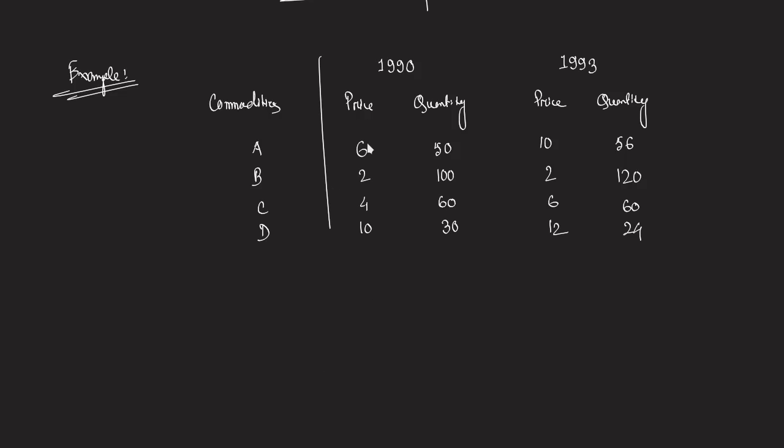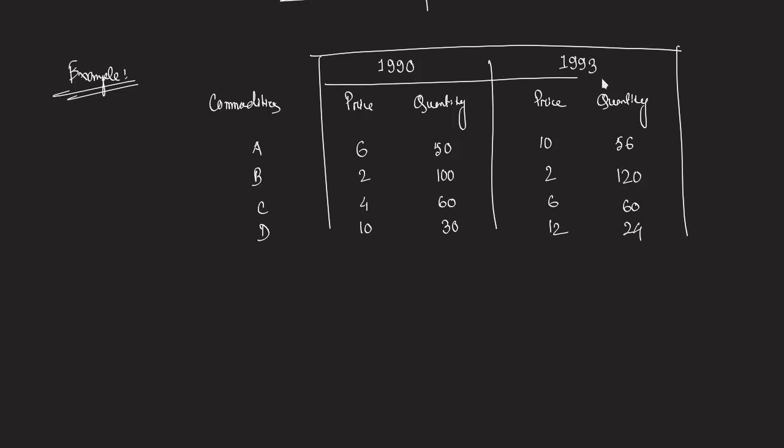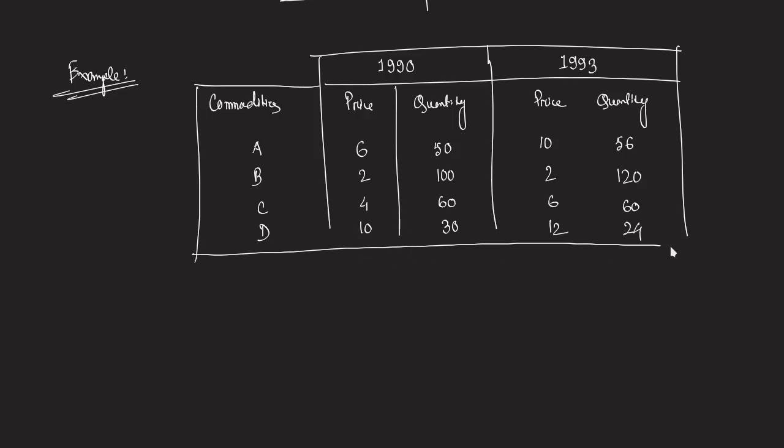This is all the given information. Here 1990 is our base period and 1993 is the current period. So basically, these are P0, Q0, P1 and Q1.